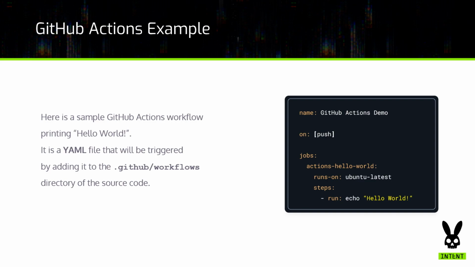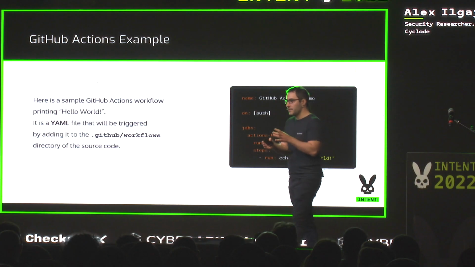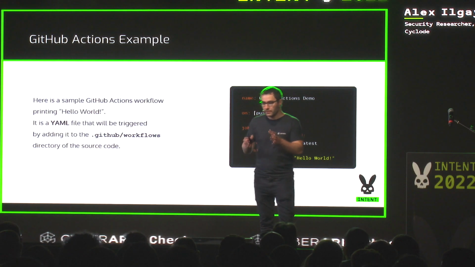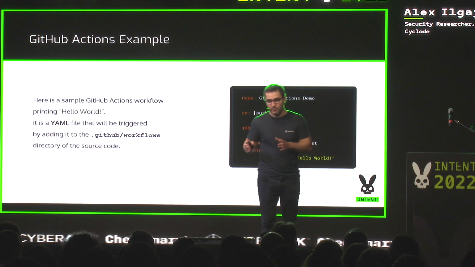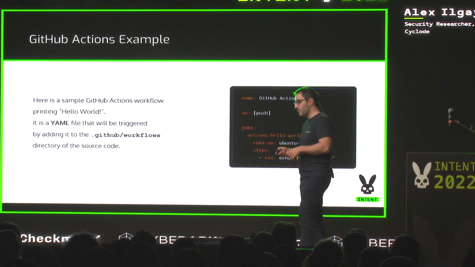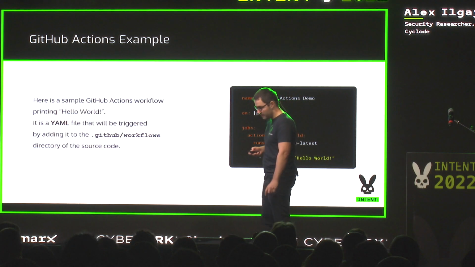And finally, it has several jobs. In this example, we have one job that has a single step that echoes hello world. So as a developer, I take this file and put it in a designated path in my GitHub repository, the .github/workflows path. And that's it. GitHub will schedule this workflow whenever I push new code to the repository. It's extremely simple.